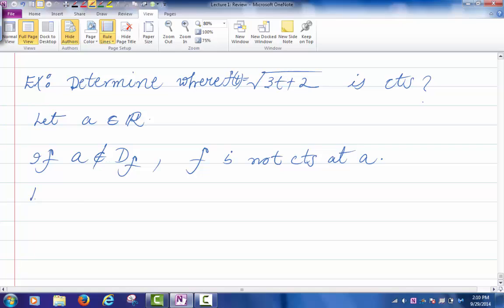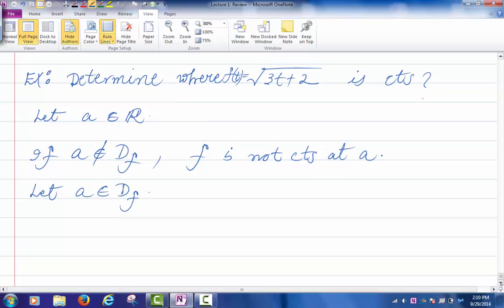Now let a be in the domain of f. Well then, recall when we talked about limits, how did we take the limit of a root function like this? So a is in the domain means f of a is defined, right?